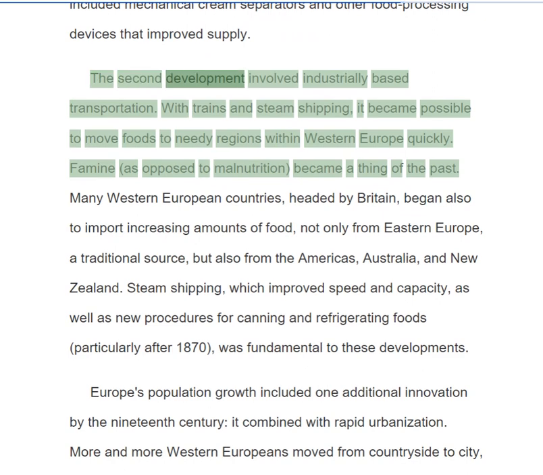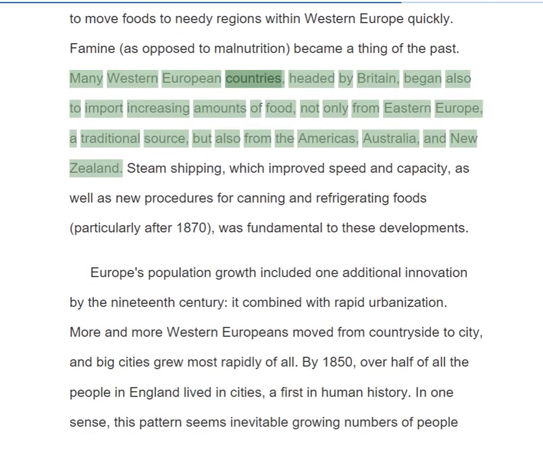The second development involved industrially based transportation. With trains and steam shipping, it became possible to move foods to needy regions within Western Europe quickly. Famine became a thing of the past. Many Western European countries, headed by Britain, began also to import increasing amounts of food, not only from Eastern Europe, a traditional source, but also from the Americas, Australia, and New Zealand.